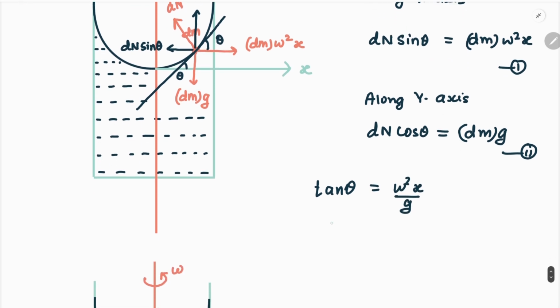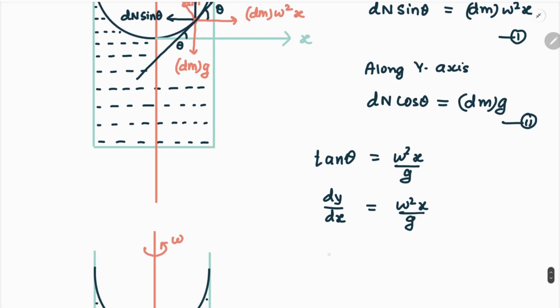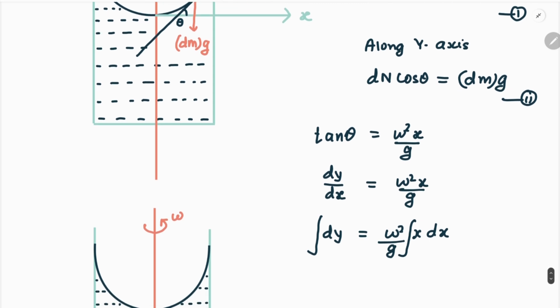So if we write tan theta as dy by dx, then we get this as omega square x by g, and on integrating, dy equals omega square by g x dx. As we move a certain distance r, we can say that y equals omega square x square by 2g.